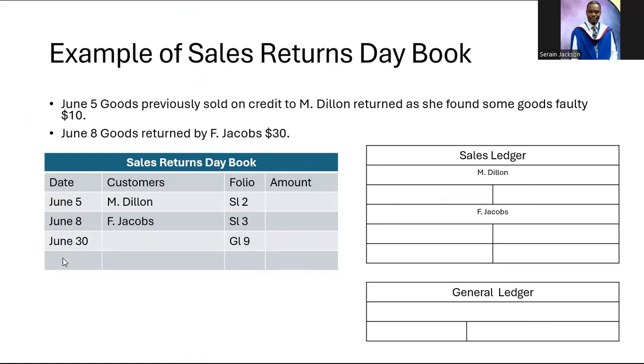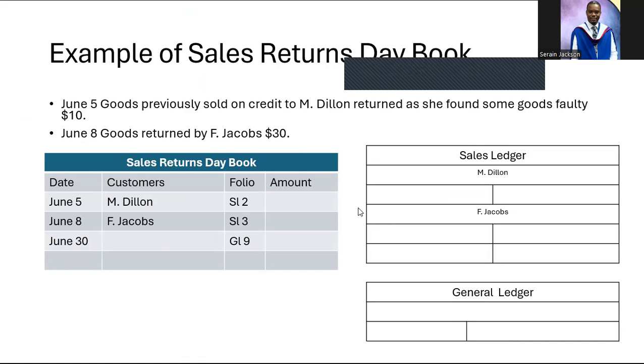Using those same concepts for the sales returns daybook, right? It says June 5, goods previously sold on credit to M. Dillon returned, and I want to show you how you would insert the other column.